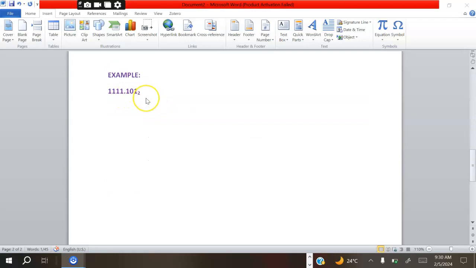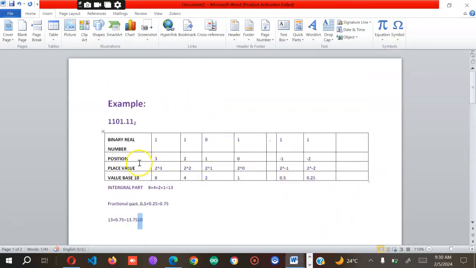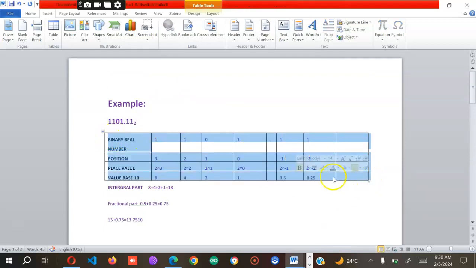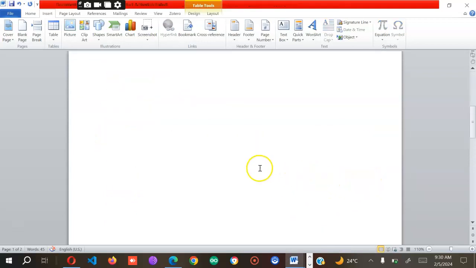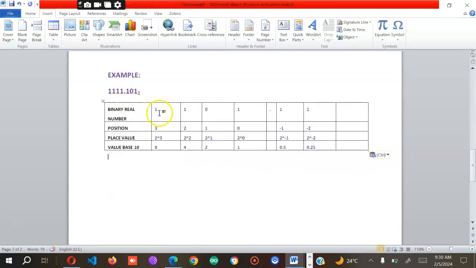The next number is 111.101. Okay, let me copy the table to make my work easy. So we have, then I'll paste.